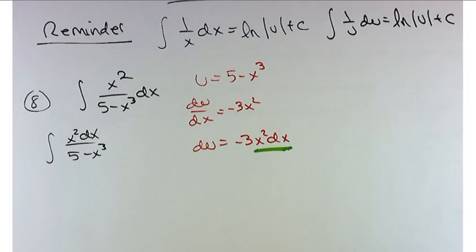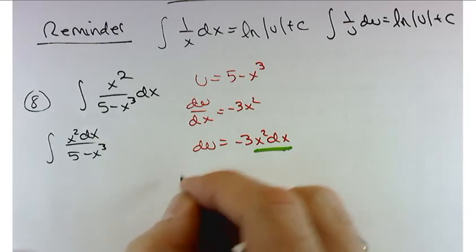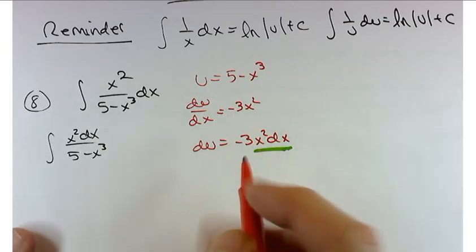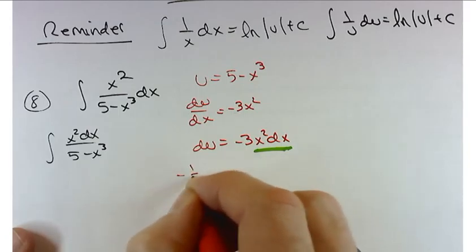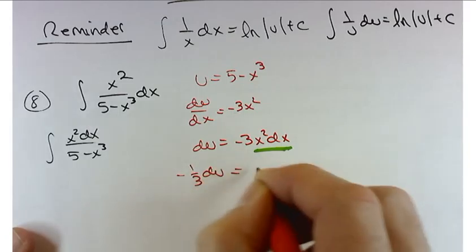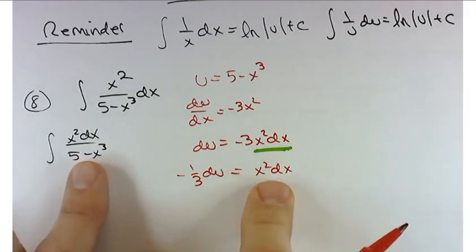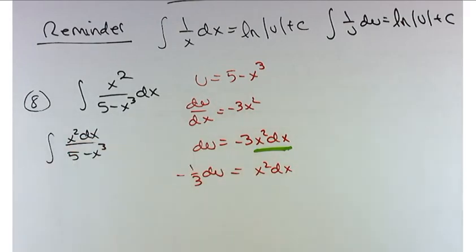I get an x squared dx there, but I've also got that negative 3 out in front. What can I do with that negative 3? Yeah, move it to the other side, divide both sides by negative 3, or multiply by negative 1/3. And that's perfect. This is now exactly what I have in the numerator.